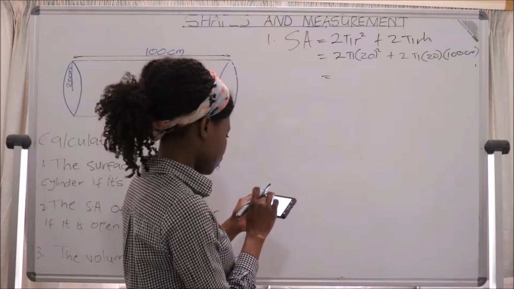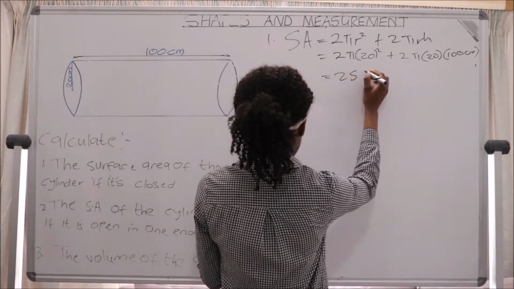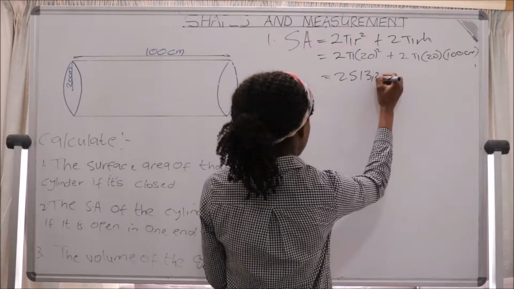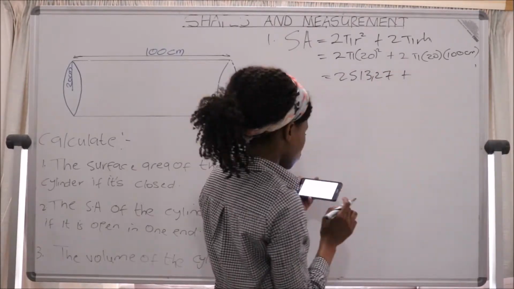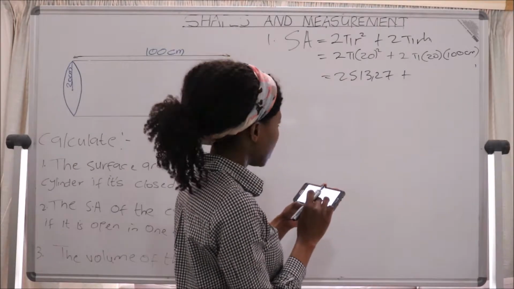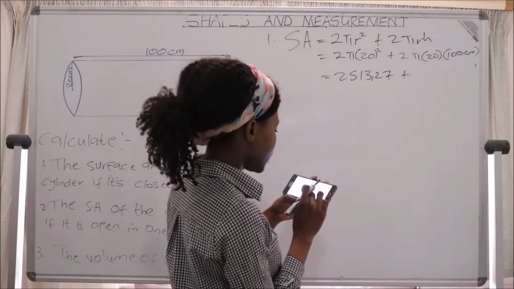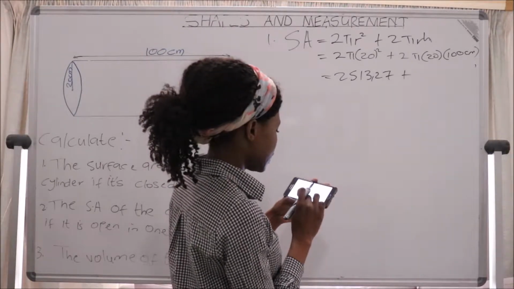It's equals to, so that will give us 2,525.13 plus, so I'll just do them separately. It was 2 pi 20 squared, that will be plus 2 multiplied by pi multiplied by 20 again, and then multiplied by 100 centimeters.